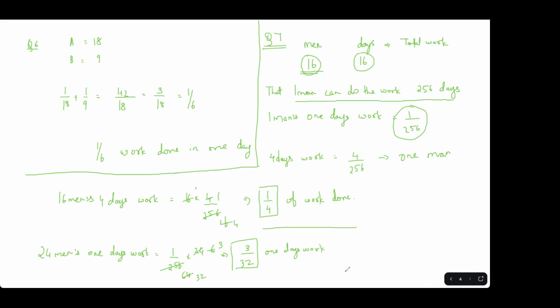Total work to be completed is 3/4. Very good. So in 1 day they do how much work? 3/32. In how many days they will do 3/4 of the work?